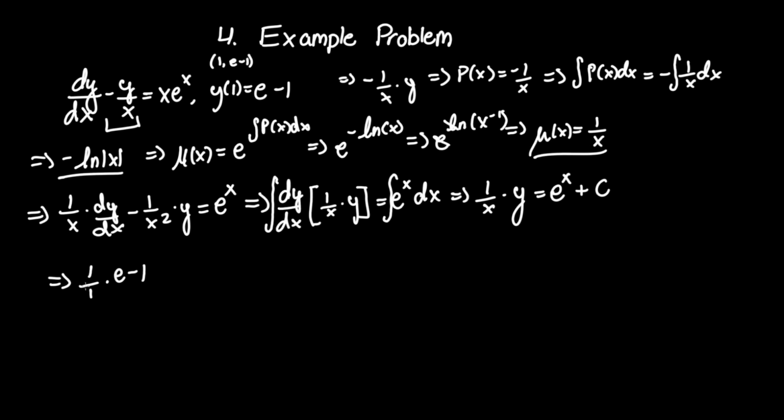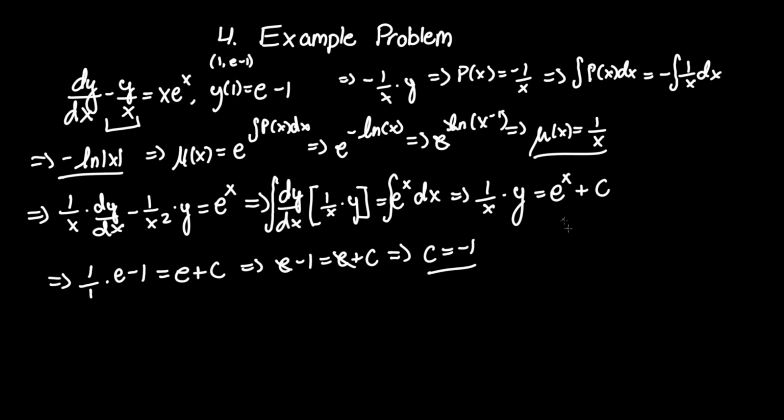So we kind of don't even need the 1 over 1, so we'll simplify that in a sec, equals e to the power of x, which is 1, so e, plus c, which is what we're trying to find. Let's rewrite that, e minus 1 equals e plus c. We know that the e's will cancel, since if you move one to the other side it will be e minus e, which equals 0, and that leaves us with the c value equal to negative 1.